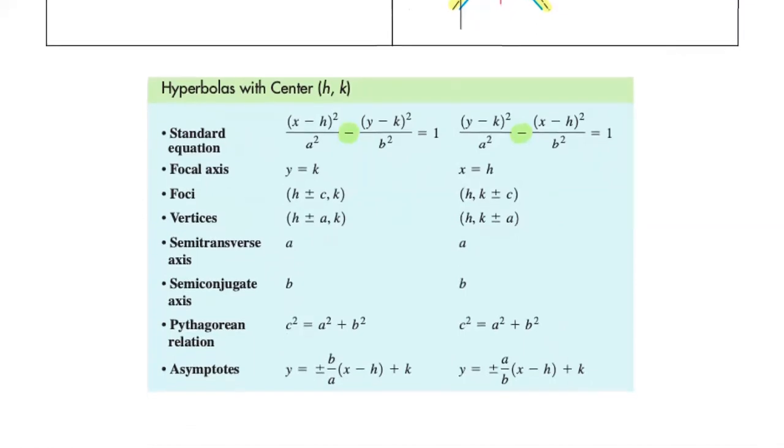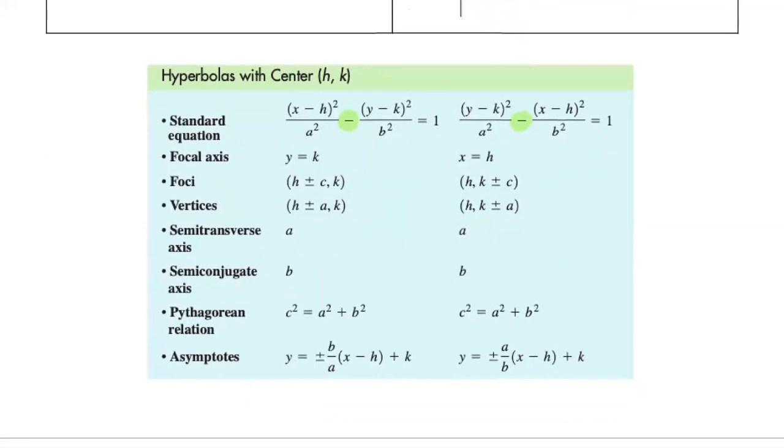All right, so let's go ahead and we're going to take a look at one last feature here that is very different, and that is the Pythagorean relation. So for the ellipse, it was a squared equals b squared plus c squared. Okay. For the hyperbola, it's going to be c squared equals a squared plus b squared. So the order that the letters are in are different.